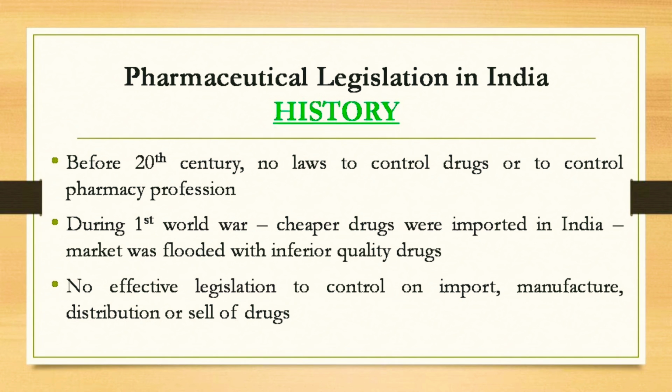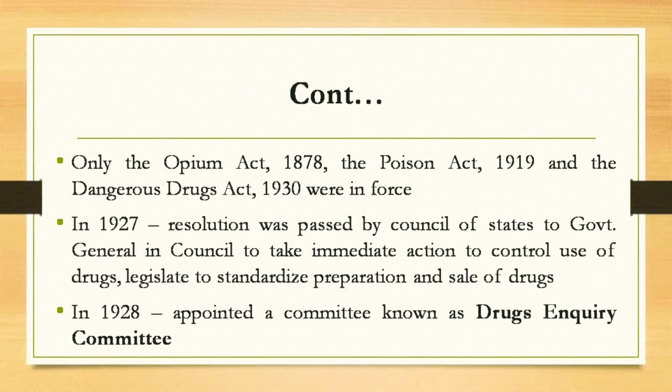Because of that, the Indian market was flooded with various inferior quality drugs. So a need was generated to have an effective legislation which could control the import, manufacture, distribution or sale of drugs. Previously, only the Opium Act 1878, the Poison Act 1919 and the Dangerous Drugs Act 1930 were in force in India.